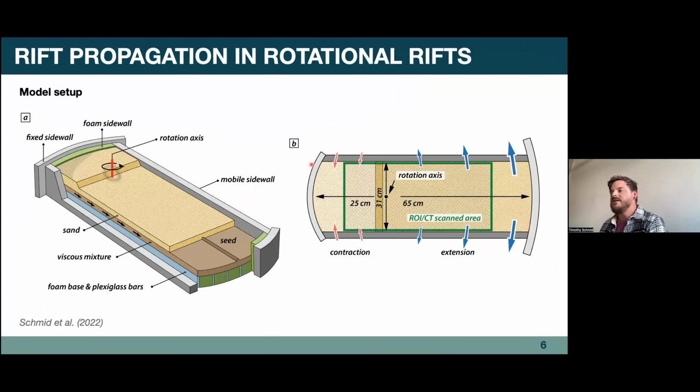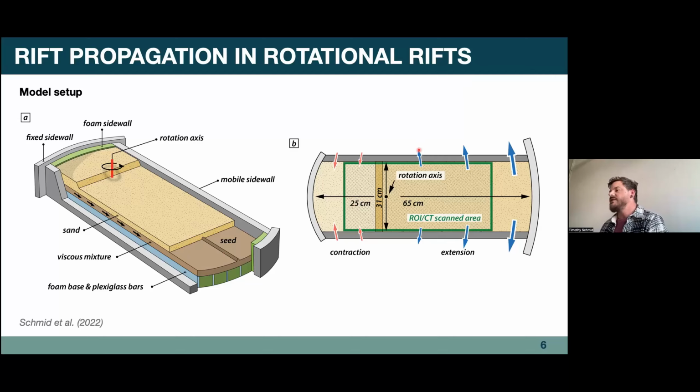We've done that using a relatively simple two-layer crustal scale model setup. Here you see we have a brittle sand layer to simulate the upper brittle crust, which sits on top of a viscous layer to simulate the lower crust, which should deform in a more ductile manner.